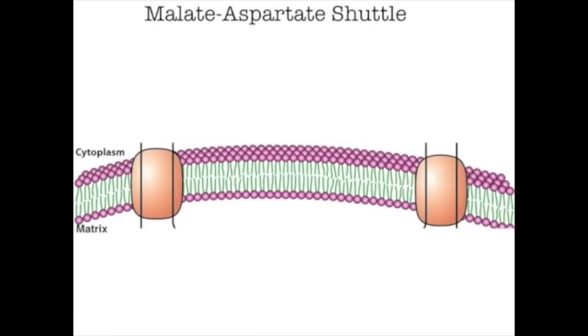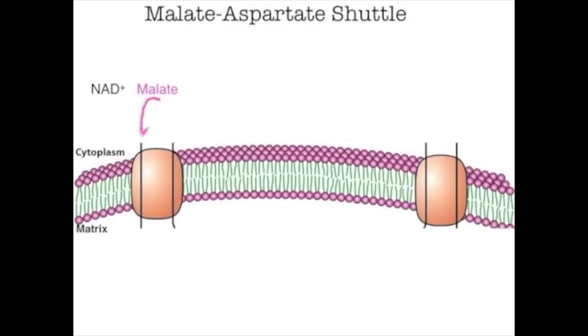And so we're going to start off with oxaloacetate in the cytoplasm, and we're going to reduce that to form malate. As we do this, the electrons from NADH will be transferred to oxaloacetate to yield malate and NAD+. So oxaloacetate is reduced to malate, and NADH is oxidized to NAD+.